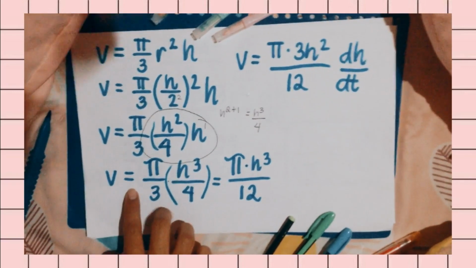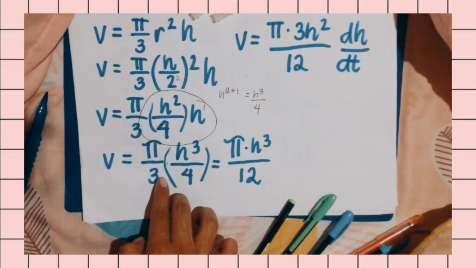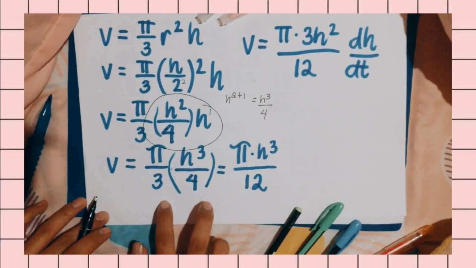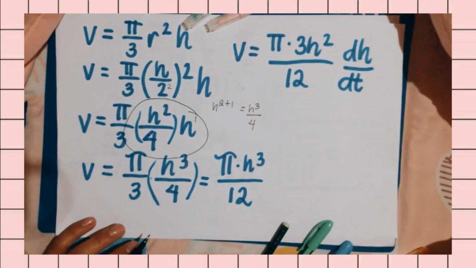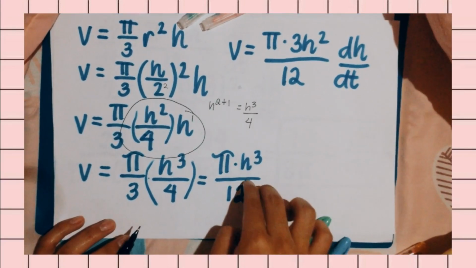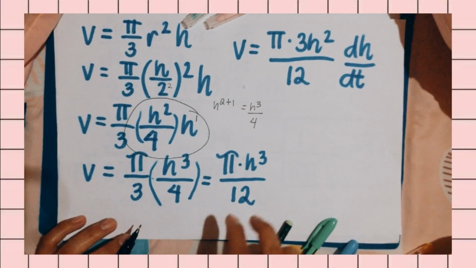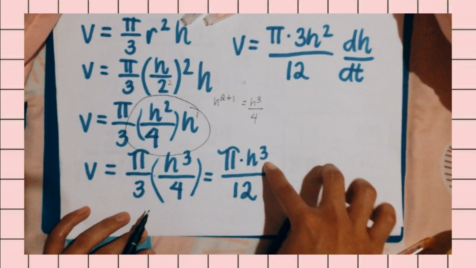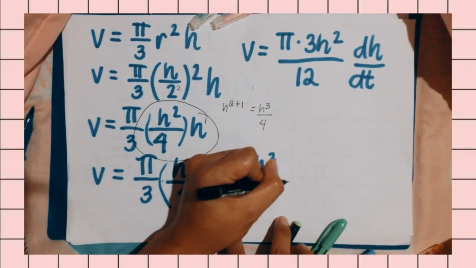So V is equal to pi over 3 times the quantity h cubed over 4. Here we will use the multiplication rule. We are going to separate the pi and the h cubed with the multiplication sign. So V is equal to pi times h cubed over 12.